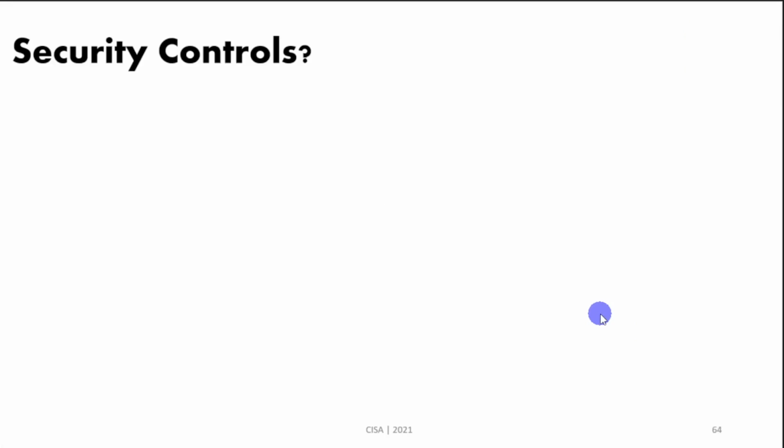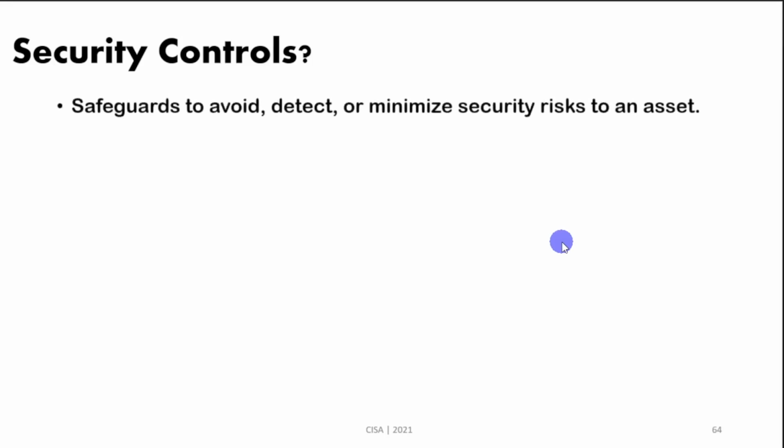Security controls, by the book definition, are safeguards to avoid, detect, or minimize security risk to any asset. Remember, we didn't mention here to eliminate security risk. We could not eliminate security risk by 100%. We could only avoid, detect, and minimize. But we cannot eliminate.